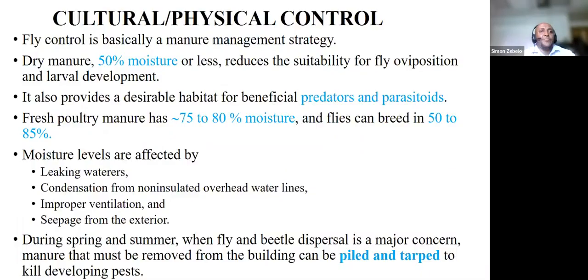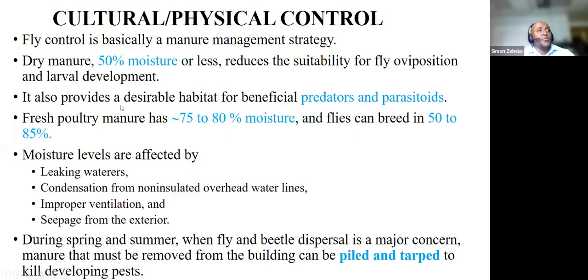The first technique of fly management in poultry operation is manure management strategy. There must always be very good practice for managing manure. Dry manure that has 50% moisture or less reduces the suitability for fly oviposition and larval development.